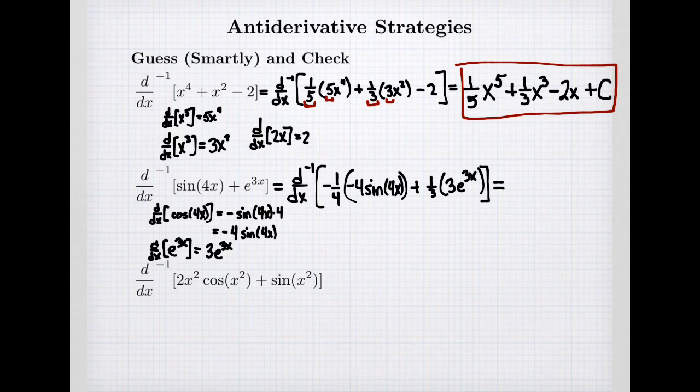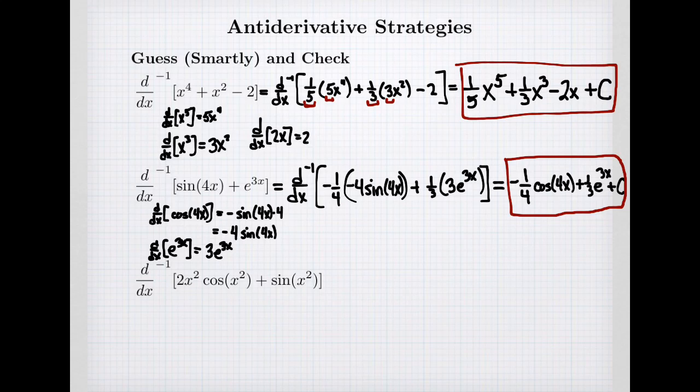The antiderivative is negative 1/4 cosine of 4x plus 1/3 exponential of 3x plus a constant. And again, I found the family of all possible antiderivatives of the original function using this idea of guessing and checking.